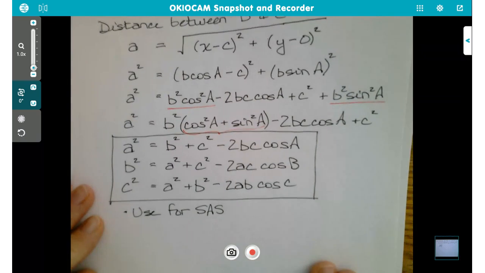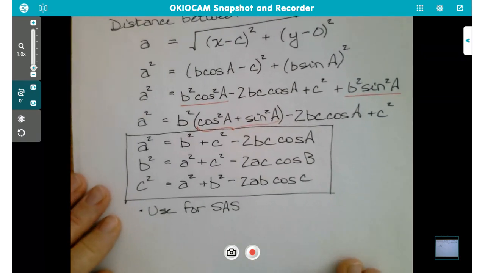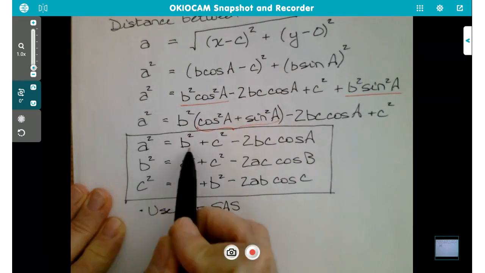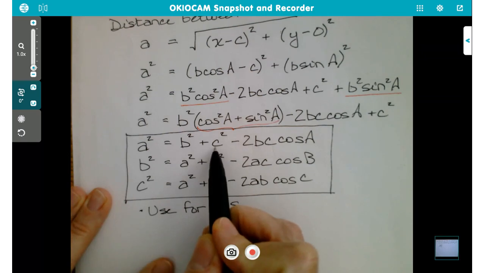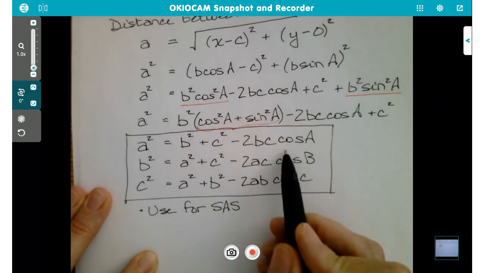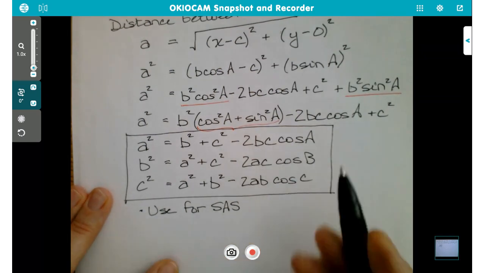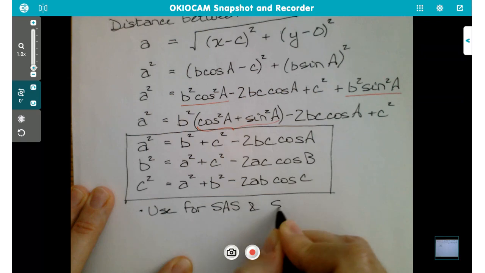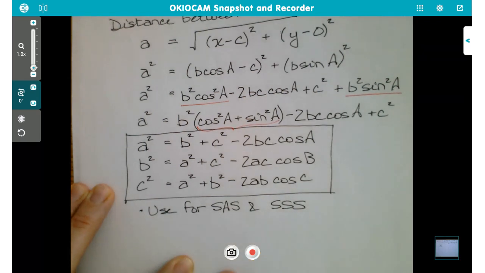I can also use the law of cosines if I know all three sides of an oblique triangle. ABC, there's B again, C again. The only thing I won't know is the angle. So that's what the law of cosines is useful for when I have either one of those types of information.